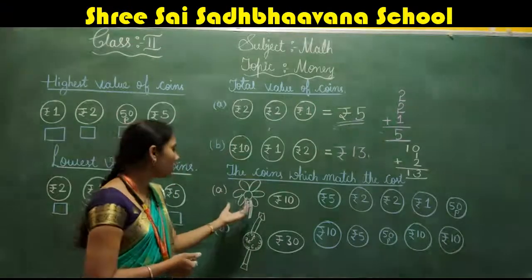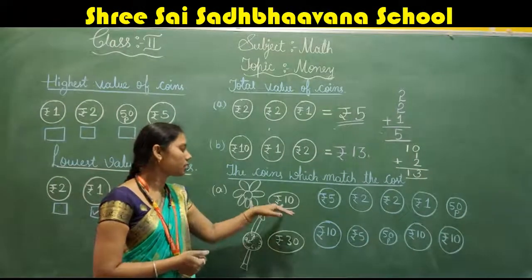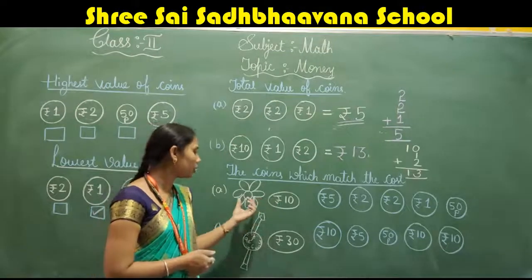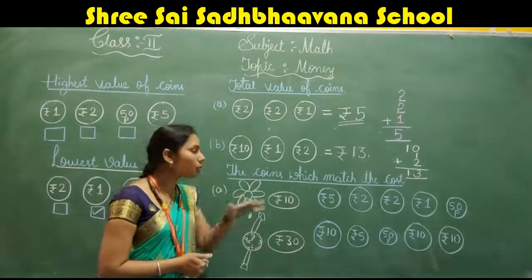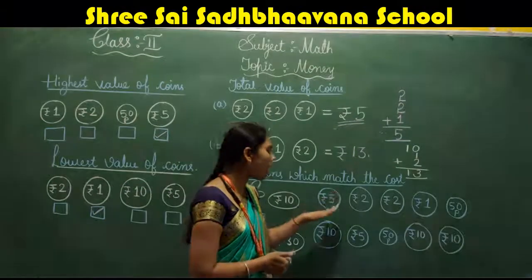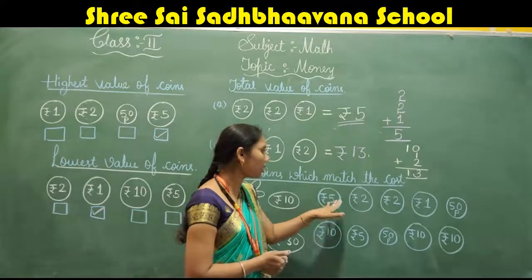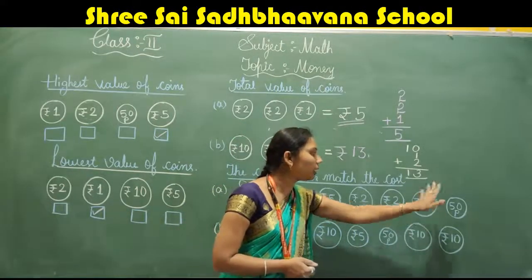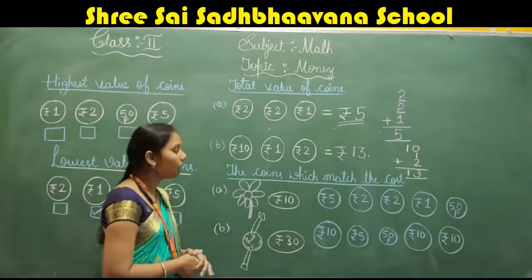Okay, so here we have a flower toy which costs rupee 10. The cost of the flower is rupee 10. So you have with you the coins of rupee 5, rupee 2, rupee 2, rupee 1 and 50 paisa.